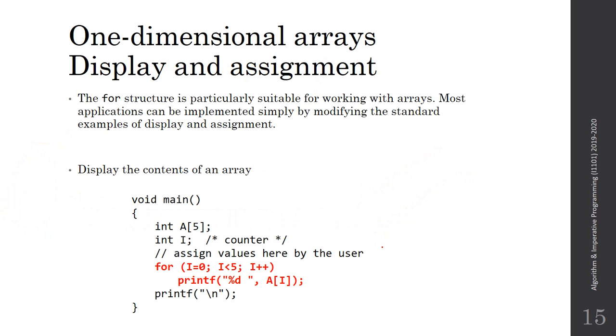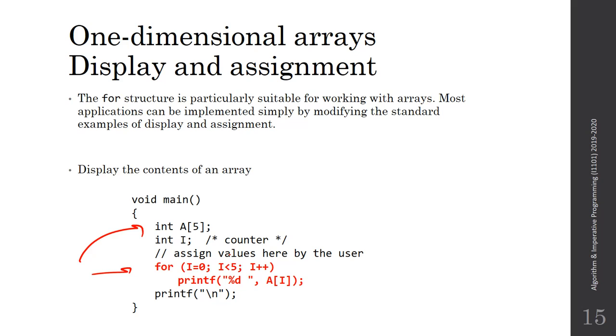So in order to read and to display the array, we forcibly need a for loop. Why a for loop? Because I know the number of elements in the array. So for example, here I have declared an array a of 5 elements, so I need to printf the elements. Before that we need to assign, but let's keep it to the next slide. So forcibly I would use a for loop. I will start from 0 till not 5 but 4.